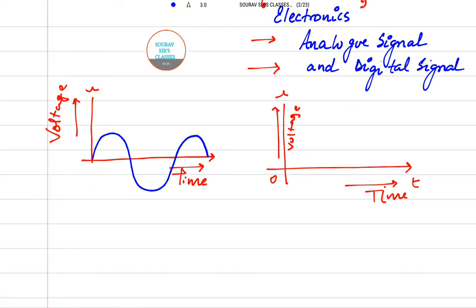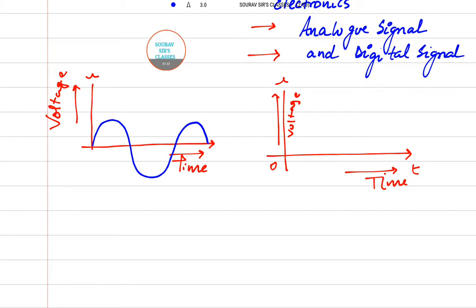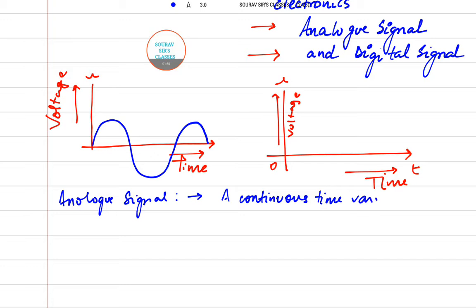Okay, so let us first define the analog signal. Analog signal, the very meaning is that a continuous time varying current or you can even say a voltage signal.